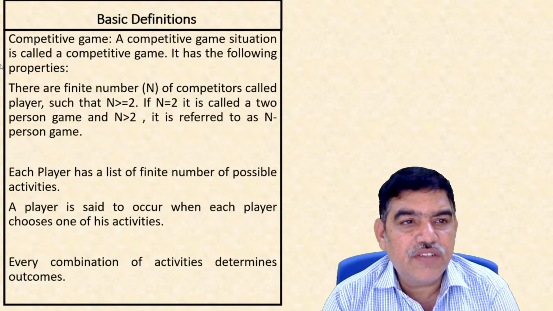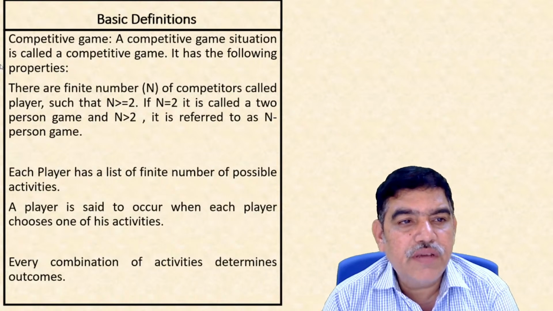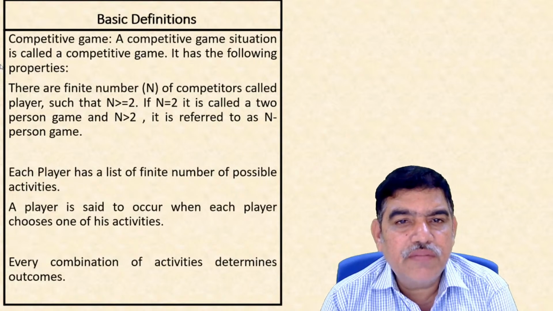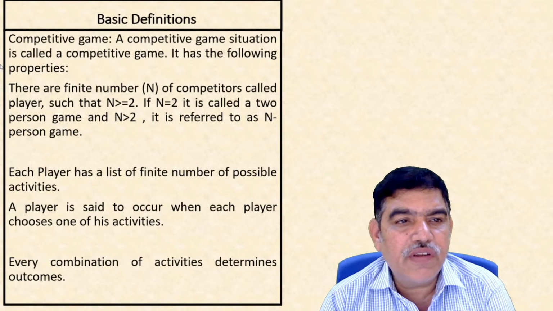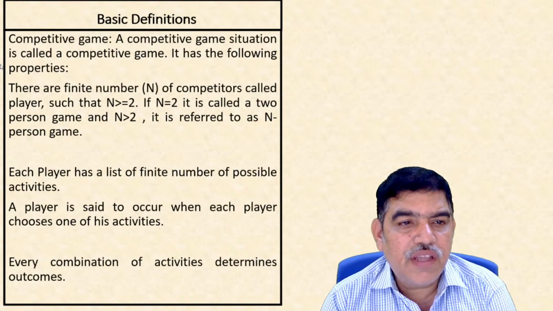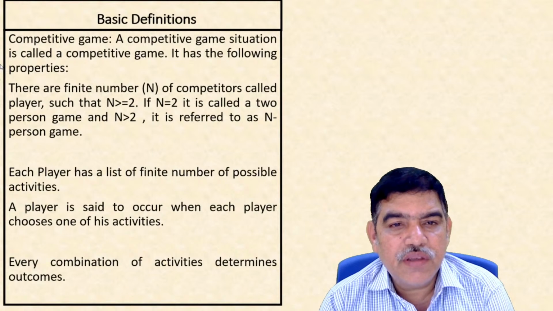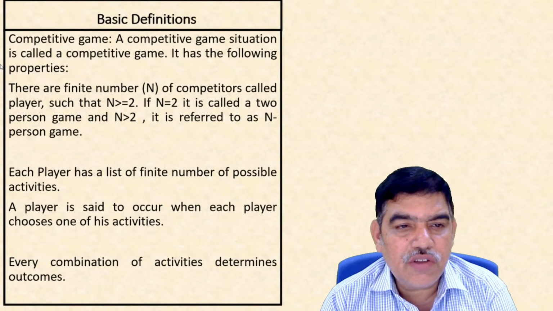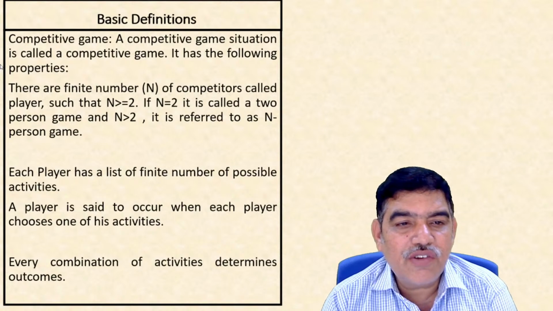Then basic definitions. Competitive game. So what is actually a competitive game? A competitive game situation is called a competitive game. It has the following properties. There are a finite number of competitors called players. Suppose I have denoted it as capital N, such that n is greater than or equal to 2.